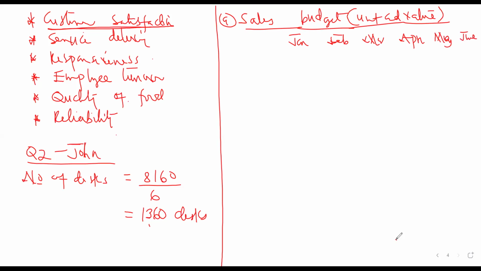Are we okay with that? Okay. So we can have units at the top. Okay. So we can have the demand. We know that every month is 1,360.